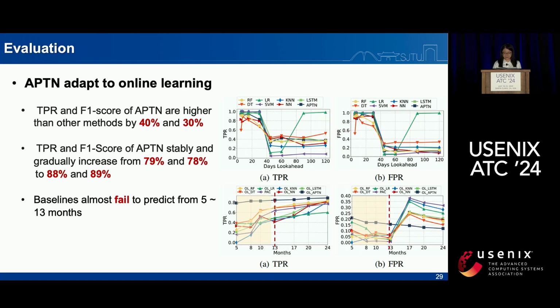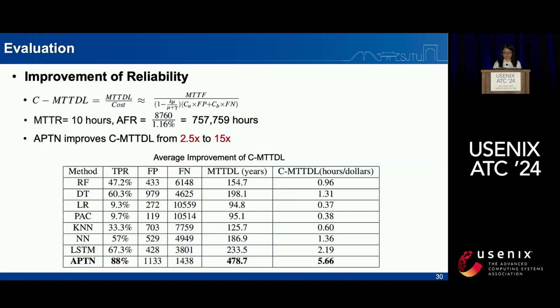After implementing online learning, our APTN method rapidly gets to high and steady predictive performance in 30 days look-ahead. The TPR and F1 score of APTN are higher than other methods by 40% and 30% respectively.